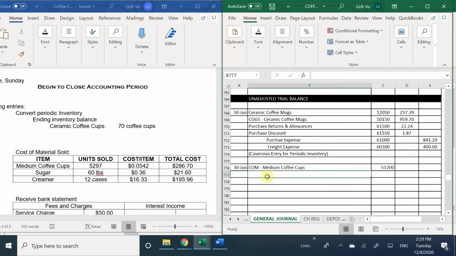And then the next one is the COM sugar. And that is account number 51300. And then we have the COM creamer. And that's 51350.